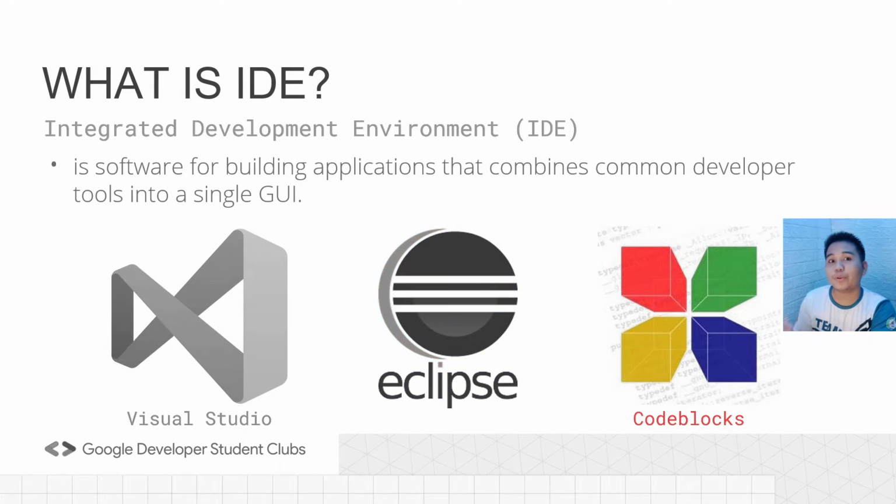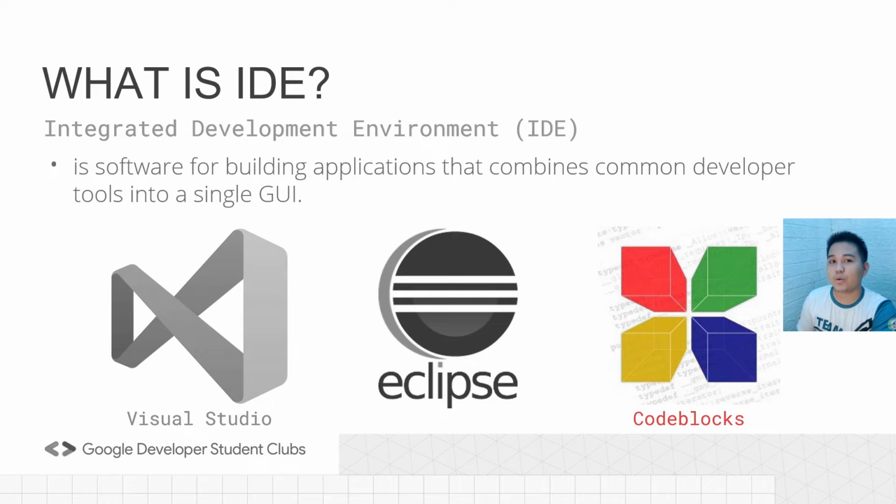Of course, Code::Blocks also supports C, C++, and other programming languages, but the main difference is that Visual Studio and Eclipse require a high-end processor so that they can run the code and the program quickly.